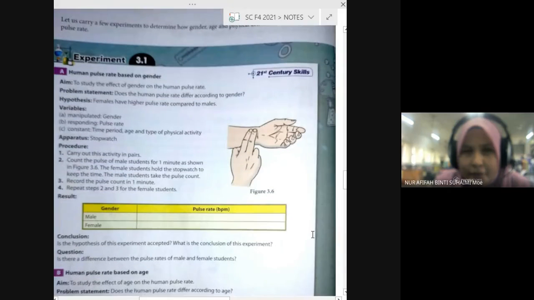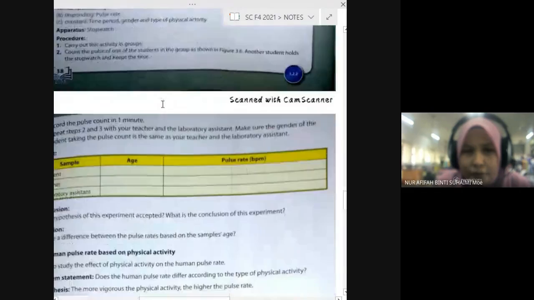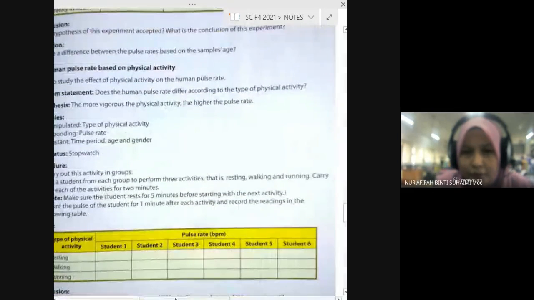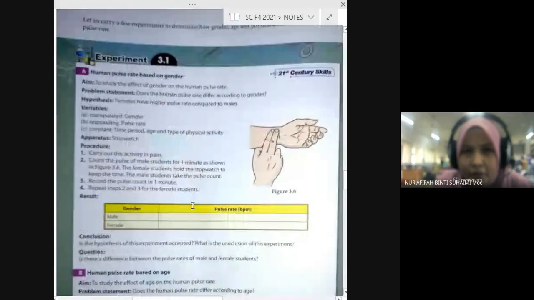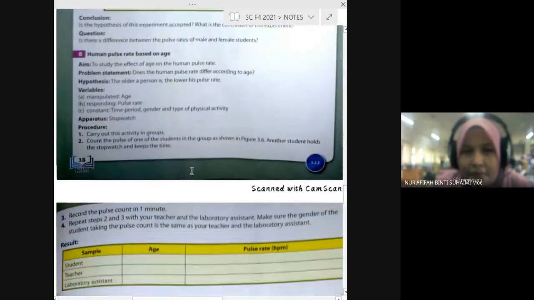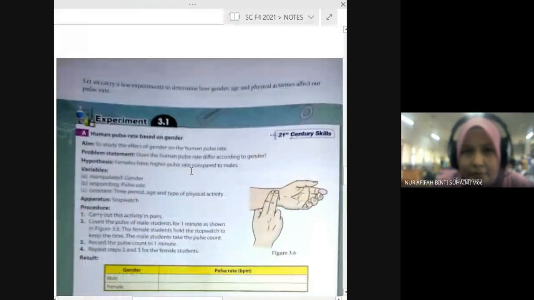There is experiment 3.1, divided into three parts: part A, part B, and part C. Part A is to study the effect of gender.